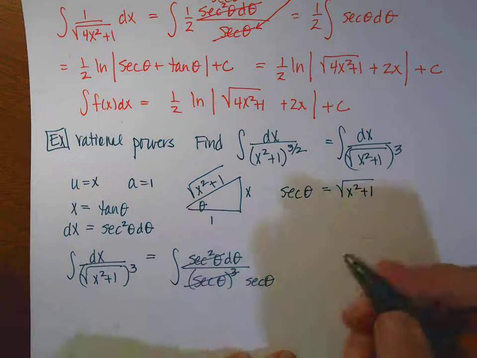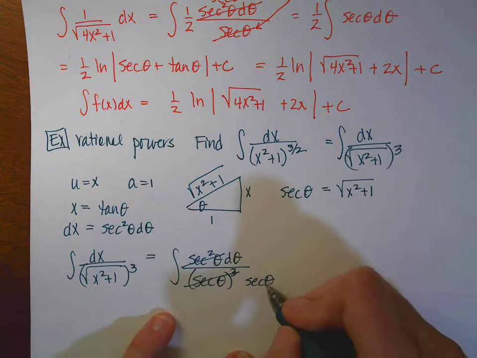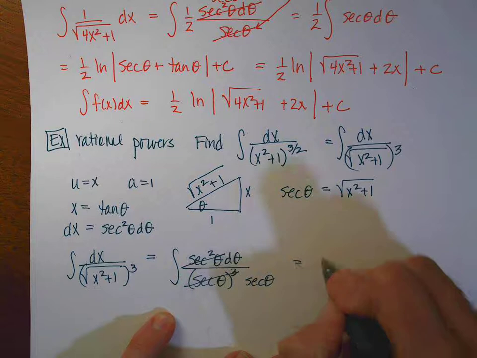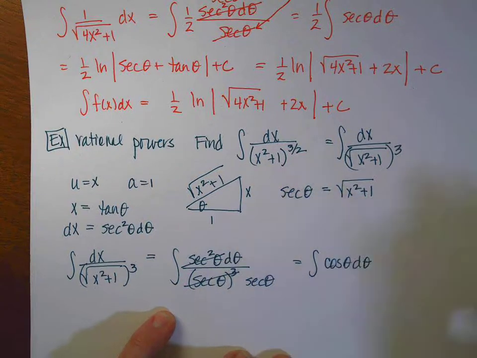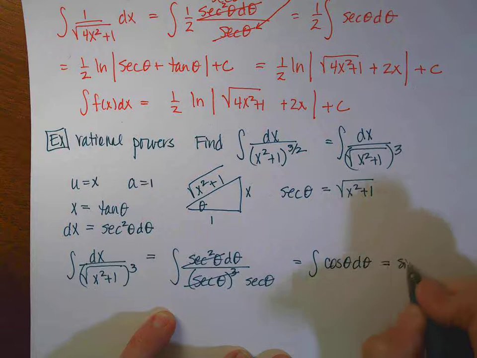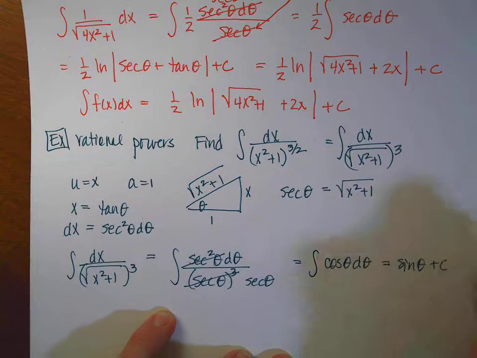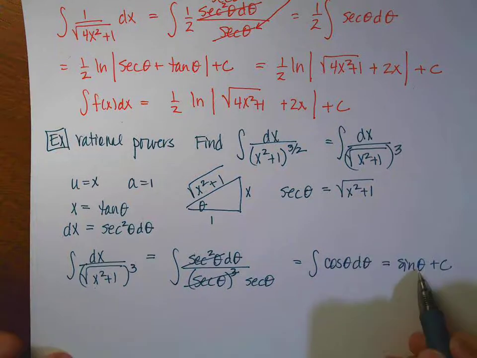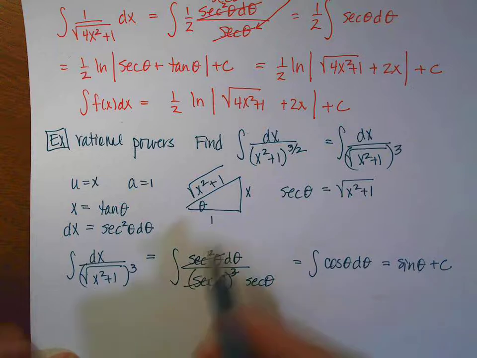Well, then this leaves 1 secant theta in the denominator. Well, the reciprocal of secant is cosine, so this becomes the integral of cosine theta d theta, which is just the sine of theta plus c.